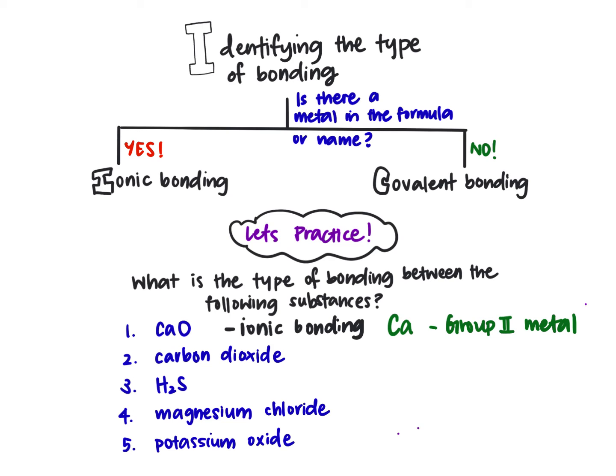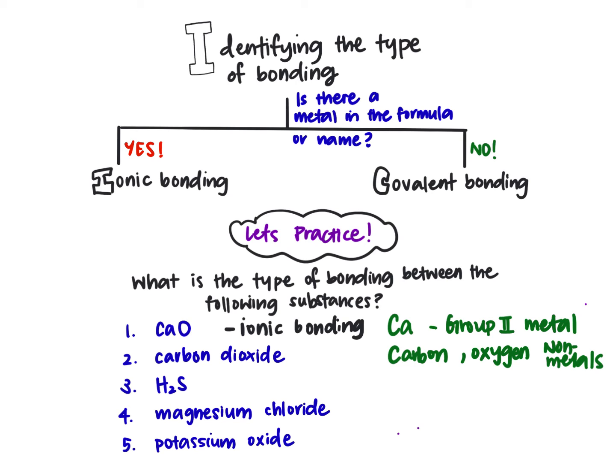Next, let's take a look at the second substance that's given, carbon dioxide. Carbon dioxide is formed between carbon and also oxygen. A quick check in the periodic table will tell you that these two are non-metals.